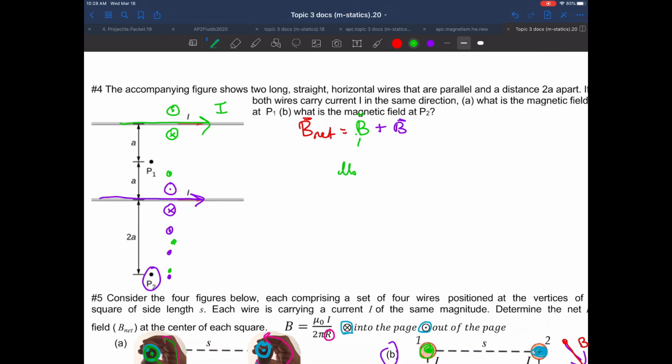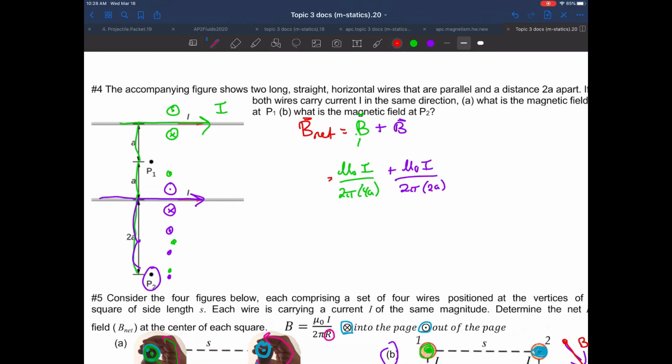So mu naught I over 2 pi R. R is how far we are. So we're 1A, 2A, 3, 4A. So here we have 4A away. And for the purple one, we're going to have mu naught, same current I over 2 pi, and we're only 1, 2 away. So we're going to have 2A here.